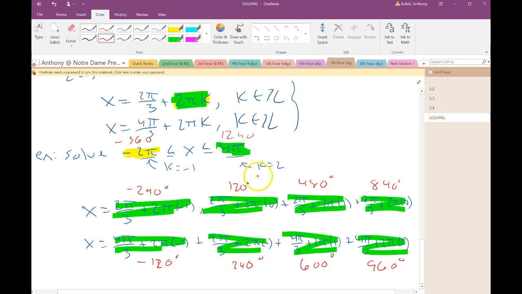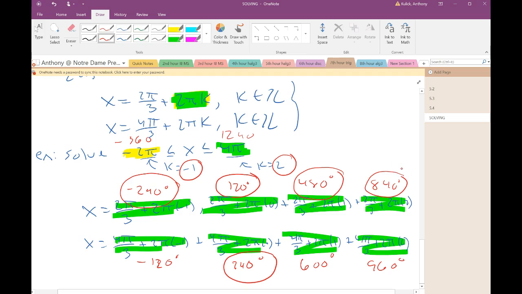So I started with the answer that we got when we just solved it between 0 and 2 pi. And then I said, okay, I need to subtract 360 from it once, and then add 360 to it twice. So 120 minus 360 is -240, plus 360 is 480, and plus 360 twice is 840.